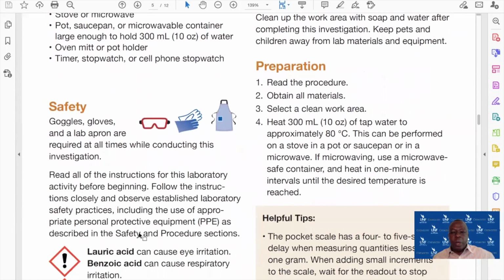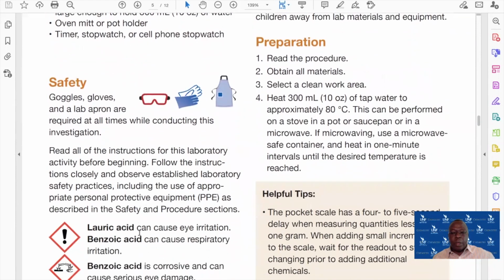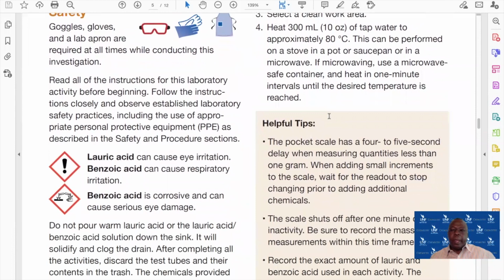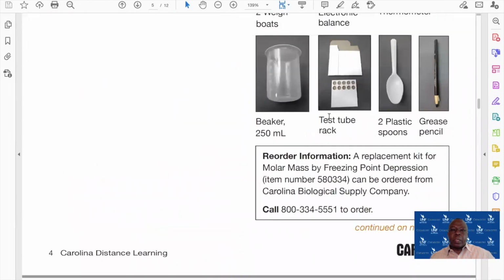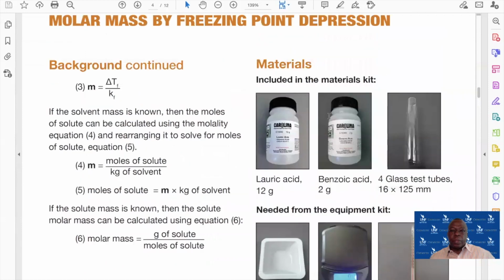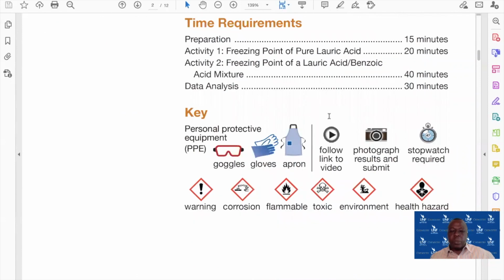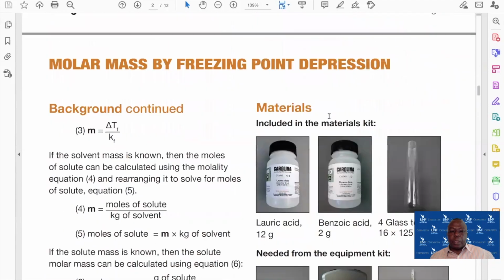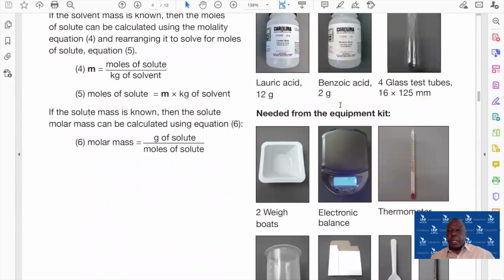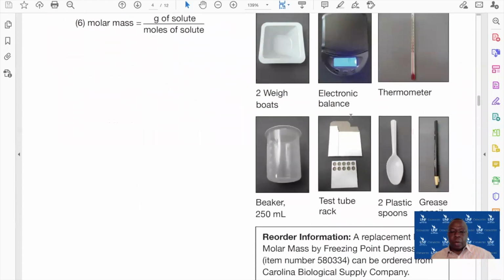How will you know that this is the freezing point of the pure solvent? The direction called for boiling water to around 80. It is essential that all the crystals, or any solute you place in the test tube, should dissolve. Please make sure that once you place it in the test tube, it completely dissolves, all right?